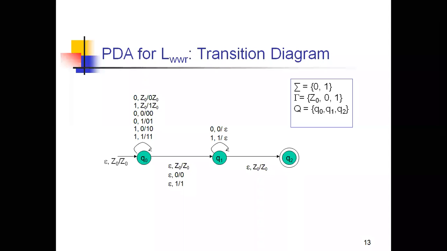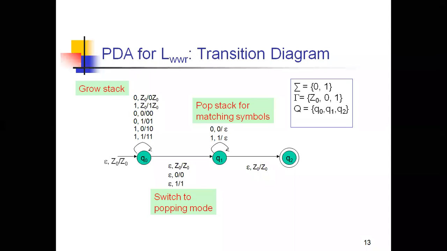I think you all understand the concept of how to draw the transition diagram for the language, right? This is a PDA transition diagram. And now, see, which are grow stacks and which switch to popping modes and which are pop stacks for matching symbols, and how to do the acceptance.